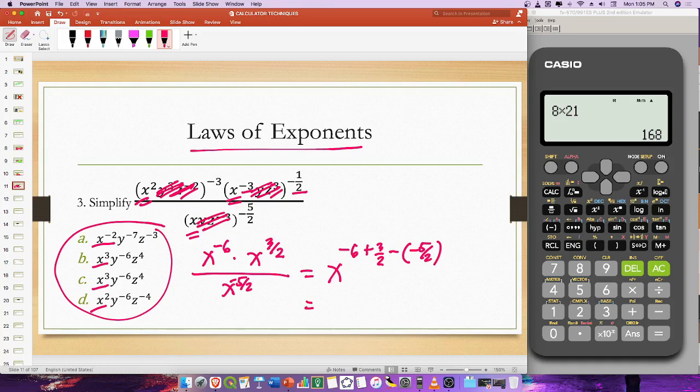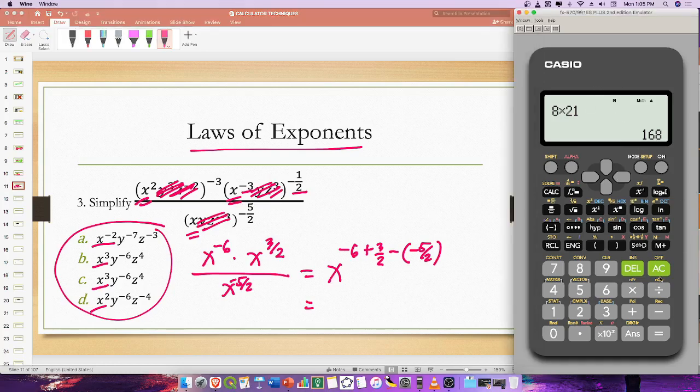If you want to use your calculator, go ahead. So this is negative 6, plus 3 halves, plus 5 halves. Alright, so the result will be negative 2.